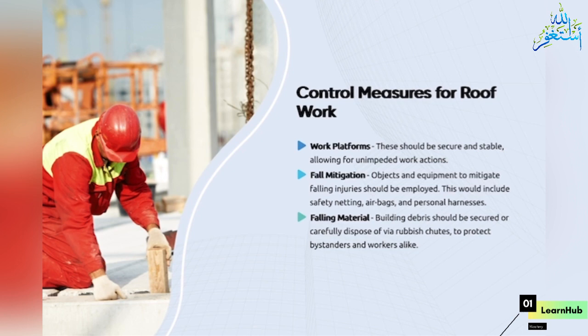Objects and equipment to mitigate falling injuries should be employed. This would include safety netting, airbags, and personal harnesses. Falling material. Building debris should be secured or carefully disposed of via rubbish chutes to protect bystanders and workers alike.